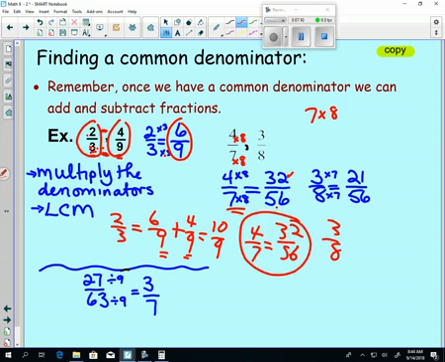So we take 3 times 7 is 21. 8 times 7 is 56. So now 3/8 is equivalent to 21 over 56. Now we have a common denominator.